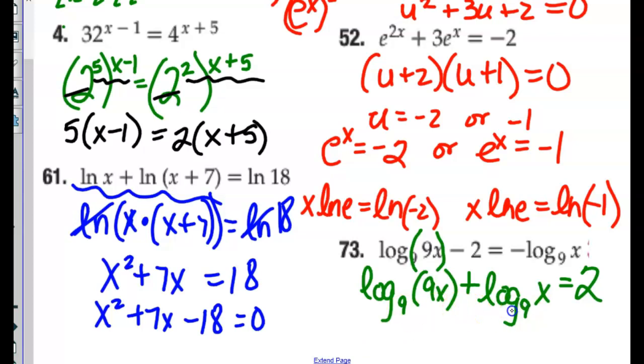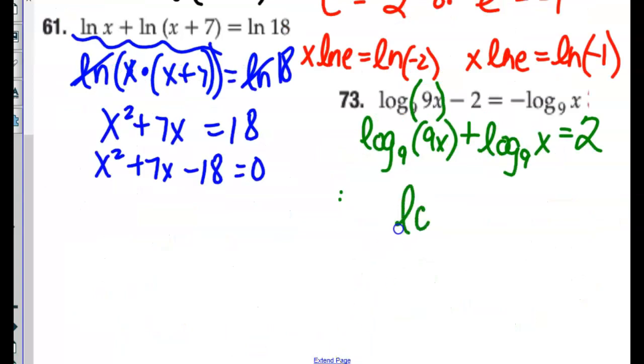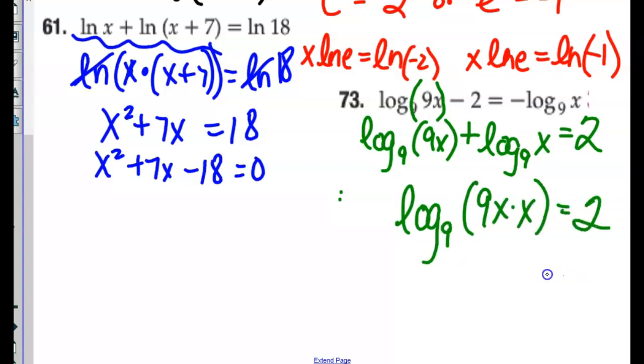We can combine these two. Log base 9 of 9x times x equals 2. And then what do we have to do? Ooh, this is not going well today, guys. What do you do when there's a single log expression?